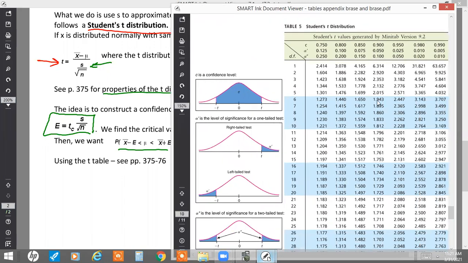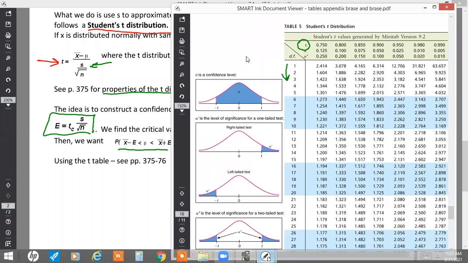All right, so here's table 5, students' T distribution. And again, if you're doing it by hand, or without a graphing calculator, I should say, you're going to be using this. So the degrees of freedom, remember that's n minus 1, right? The degrees of freedom are going down this column right here. When you're doing a confidence interval, you want that C right there.